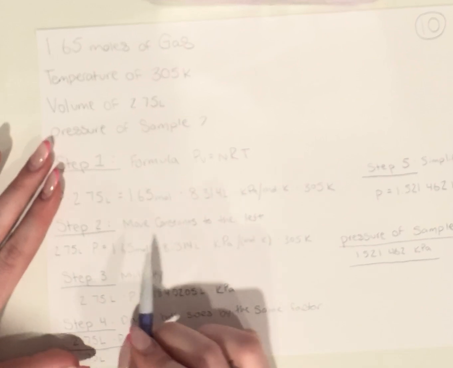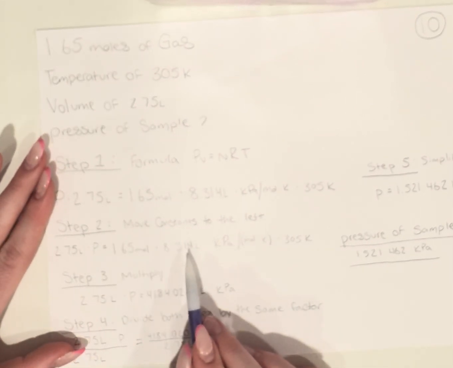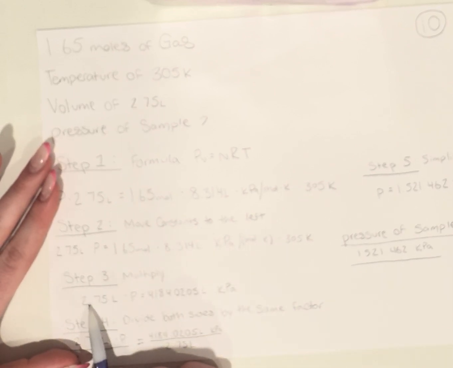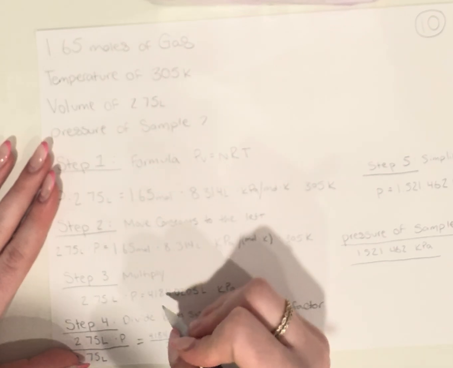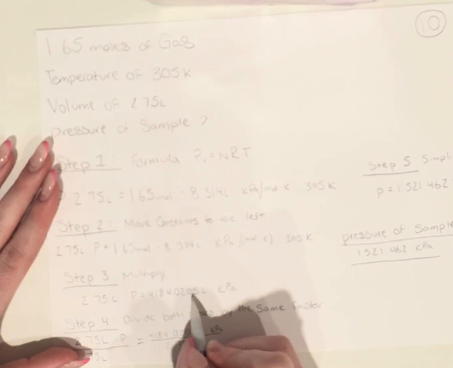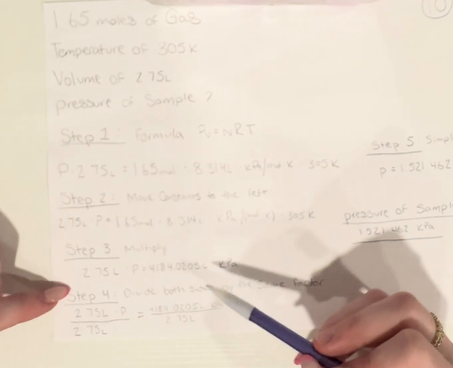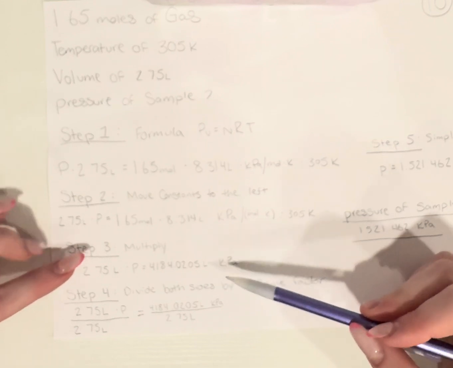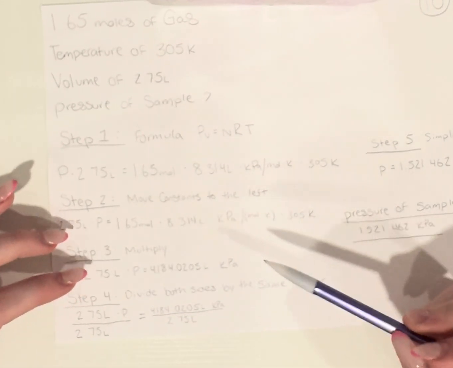And then step 3, we're going to just multiply this entire equation. So after multiplying each one of these, we are going to get 2.75 times P equals 4184.0205 L kPa. After this, we're going to divide each side, because this isn't one equation, we have to divide each one.